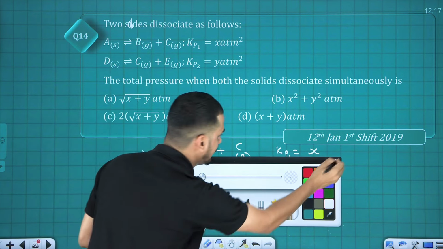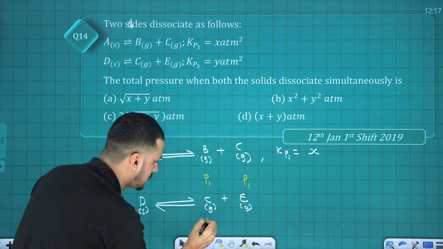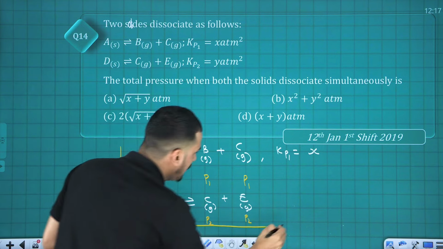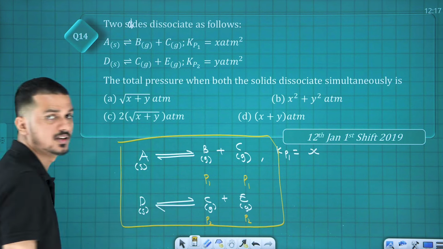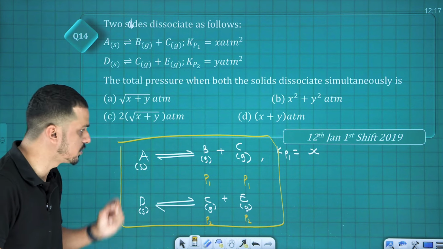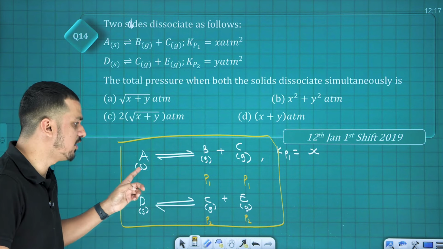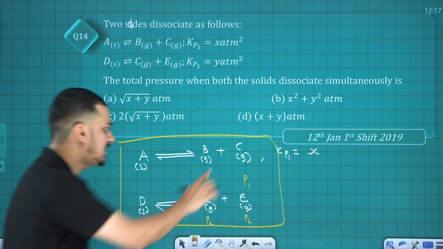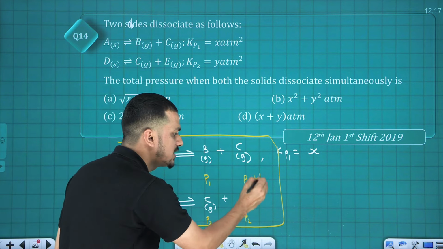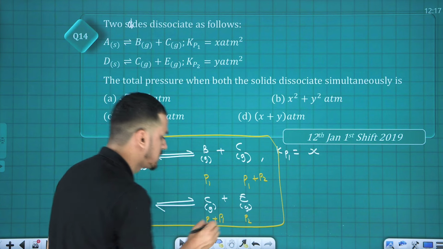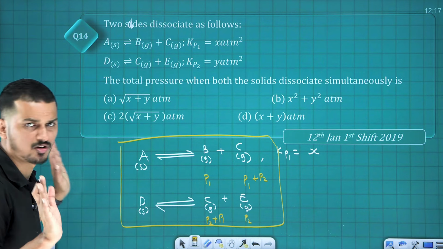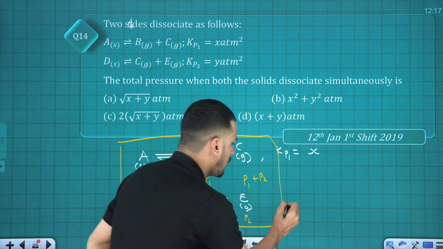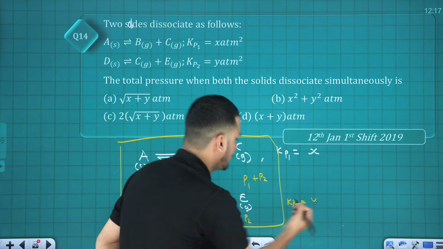Let's take its pressure as P2 and the pressure of E also P2. But simultaneously, we are getting C from here also, so this C will be P1 plus P2. That's the difference you have to remember, nothing more. Its equilibrium constant Kp2 is Y.